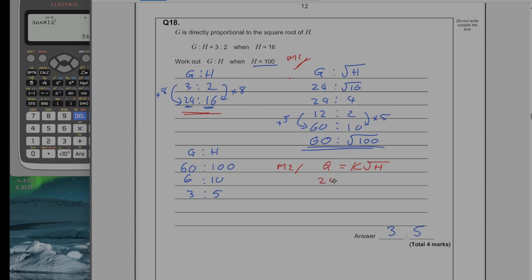So 24 is going to be equal to K times root 16, so 4. So K is going to be equal to 6. When H is 100, then G is going to be equal to 6 times the root of 100, which would be 60. So that's just the second method for finding the 60.